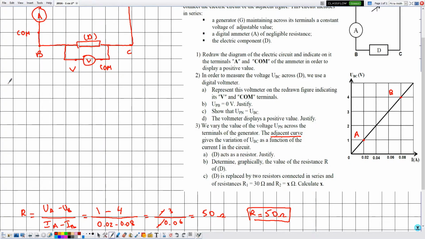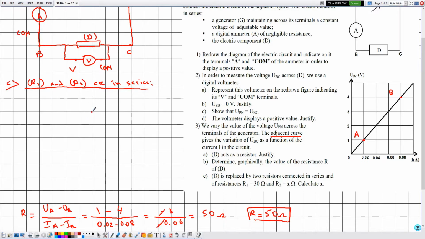Now in part C, they are telling me D is replaced by 2 resistors connected in series and of resistances R1 is equal to 30 ohms and R2 is equal to X ohms. Then R1 and R2 are in series, and actually they replace the electric component D, which is also considered as a resistor.